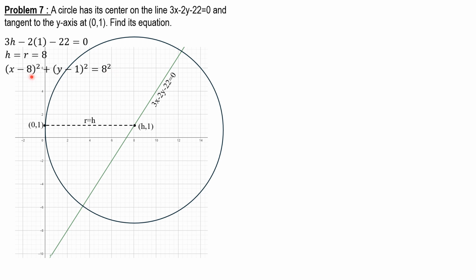So x squared minus 16x plus 64 plus y squared minus 2y plus 1 equals 64. Cancel out 64, and simplifying, the equation of the circle is x squared plus y squared minus 16x minus 2y plus 1 equals 0.